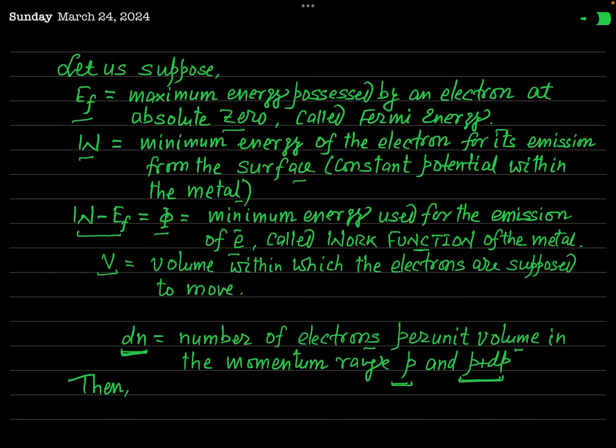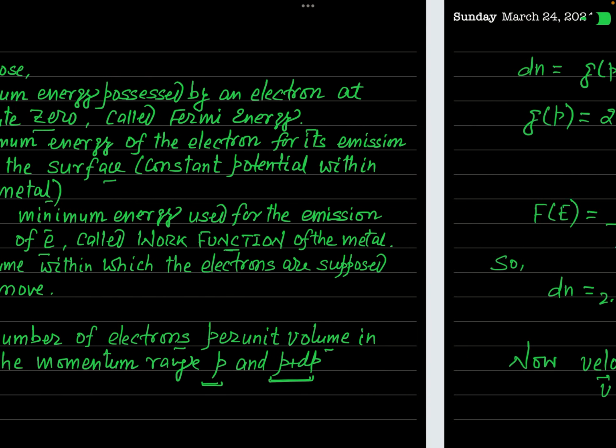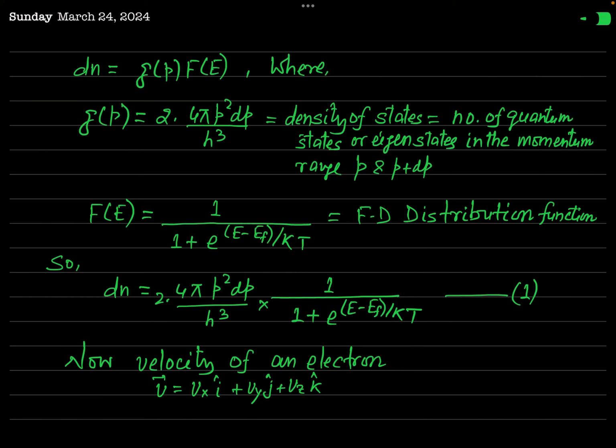Actually, when we apply the Fermi-Dirac statistics, we will see in those videos that dN is given by this formula: G of P times F of E. What is this G of P? G of P is called the density of states. This is the number of quantum states, or eigenstates, in the momentum range between P and P plus dP.